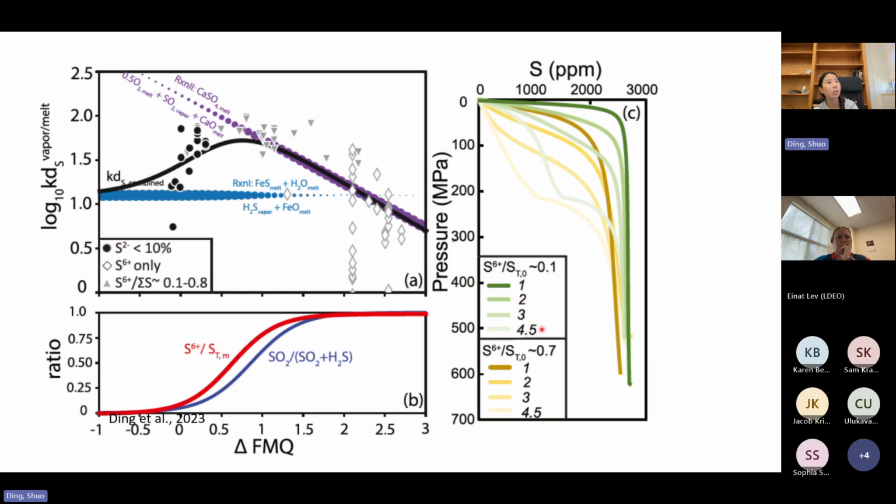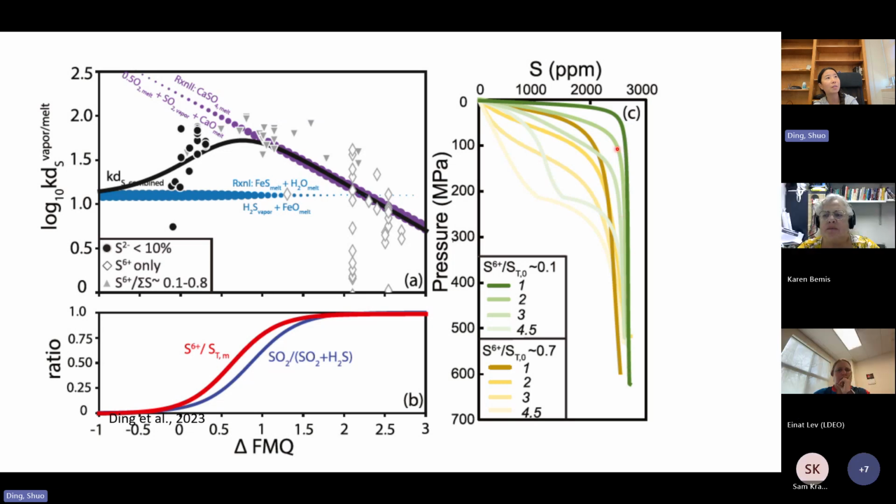If we look at a reduced situation with only 10% sulfate in the magma, and the magma is also dry, we can see that sulfur degassing happens really shallow, which is the conventional way of thinking about sulfur degassing. However, even for a reduced magma, if we add water, 2 weight percent, 3 weight percent, 4.5 weight percent, then we can see the pressure at which sulfur degasses getting significantly deeper and deeper.